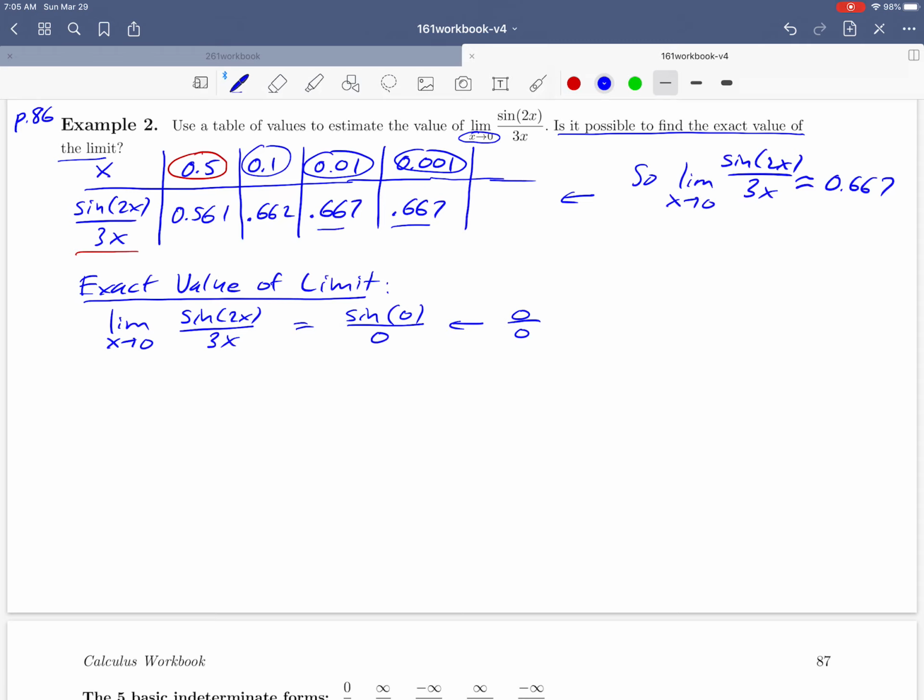And we discover that this has the form 0 over 0. Way back towards the beginning of the course, we called this an indeterminate form. In other words, if you get 0 over 0, further investigation is required. We can't tell whether this limit exists or doesn't exist.